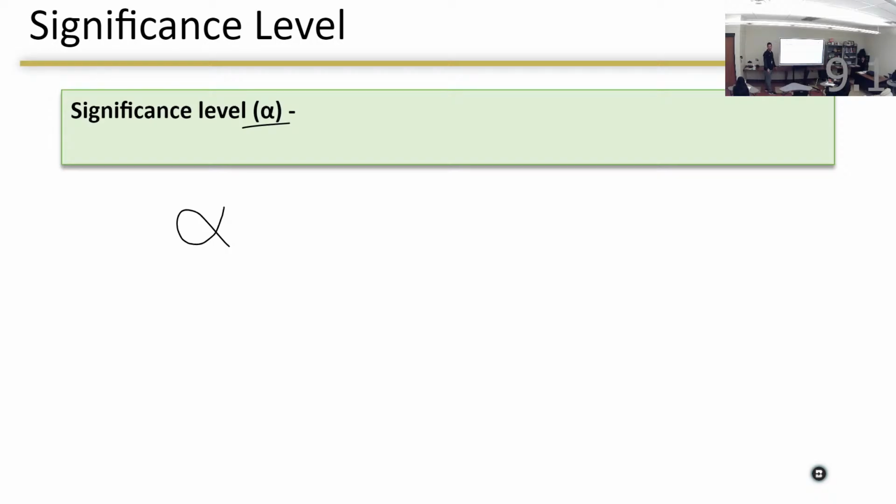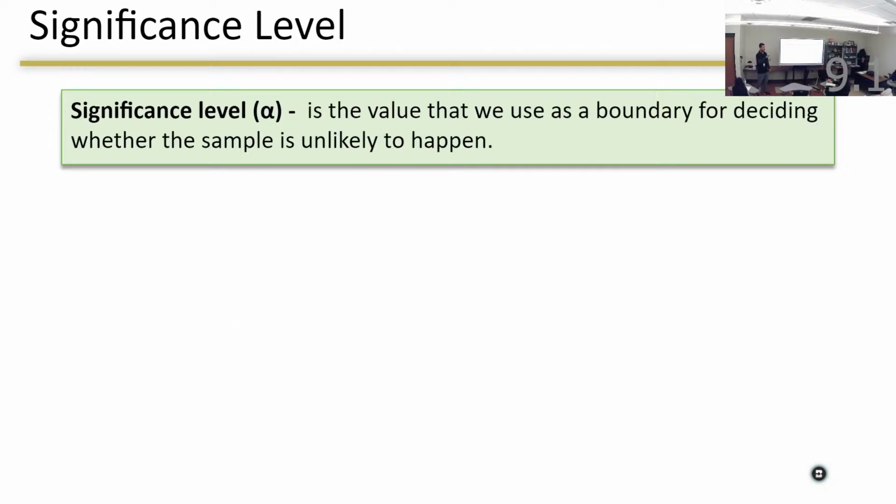Students tell me it's a fish. You're not going to get graded on writing an A, but alpha, okay? That's the level we are comparing that p-value to. That's the value we're going to use as a boundary.